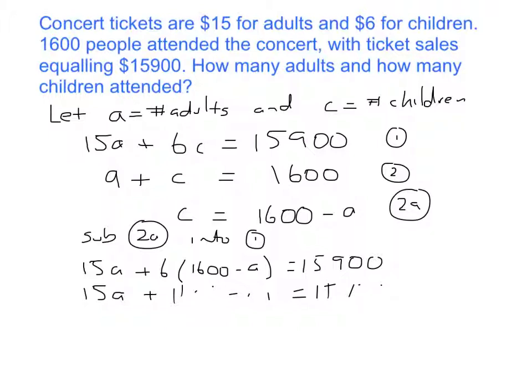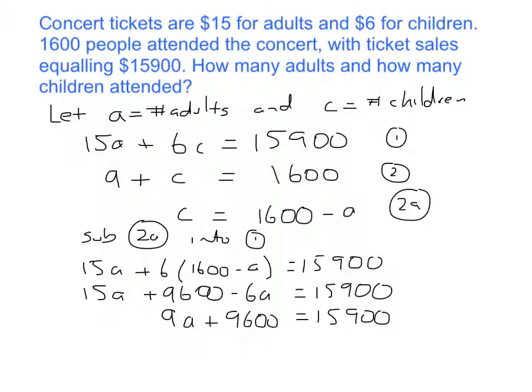Collect our like terms, so 15A take away 6A is 9A, plus 9,600 equals 15,900.